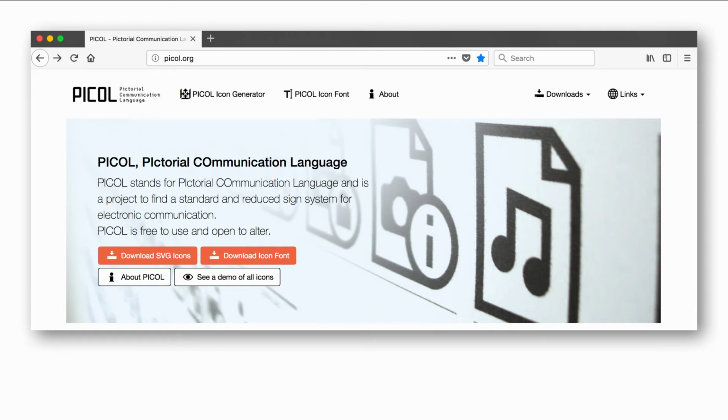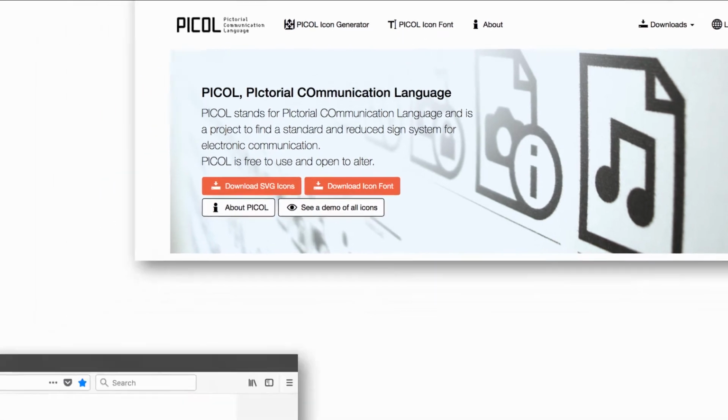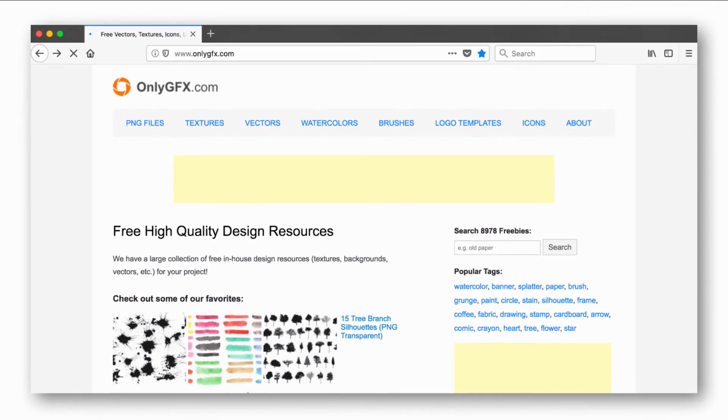If you're looking for specific icons, because that's also very powerful, pickle.org is also a vast database of icons for whatever you need. You can find it there. And then I'm close to the end of this presentation, onlygfx.com.